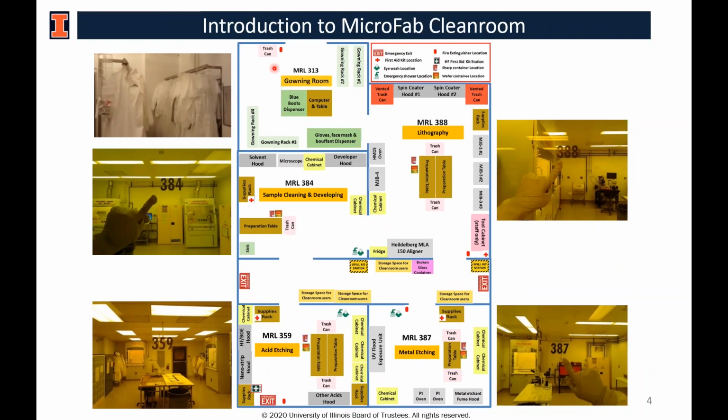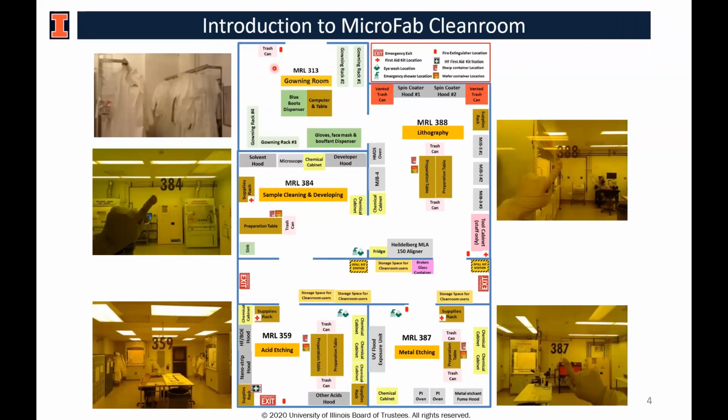The cleanroom is actually categorized by a level of particles. So the maximum amount of particles larger than 0.5 micron per cubic foot is the standard. Our cleanroom is classified as class 100, which means that the maximum number of particles larger than 0.5 micron is 100 per cubic foot.